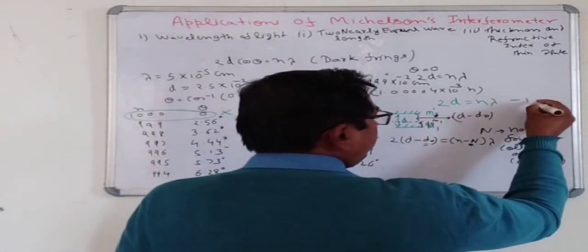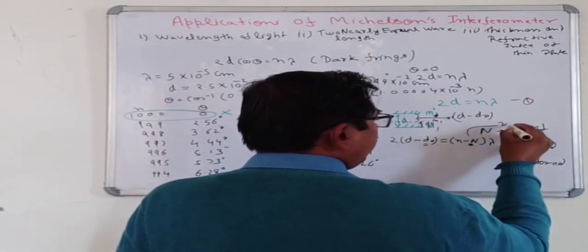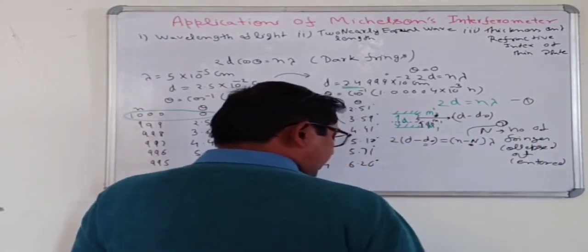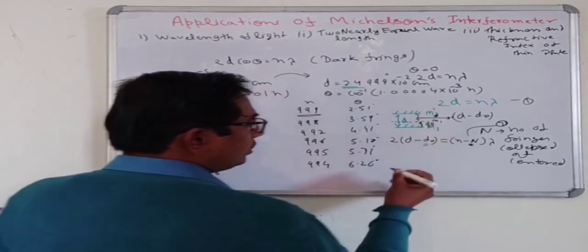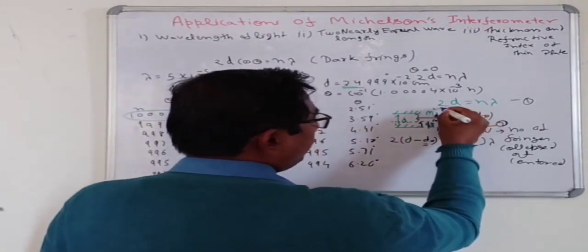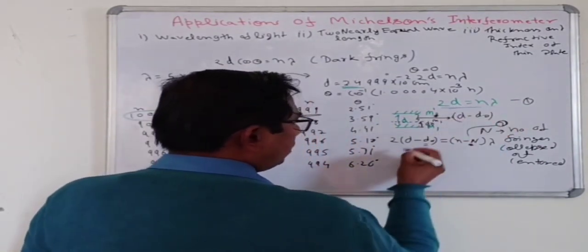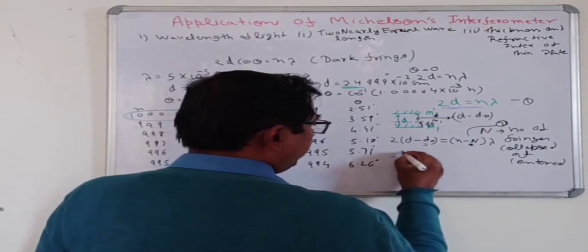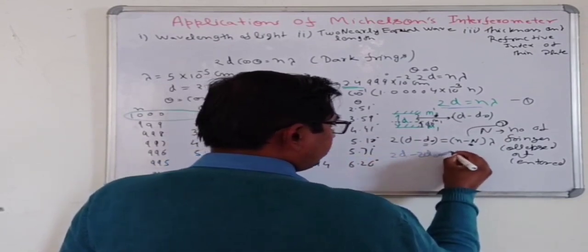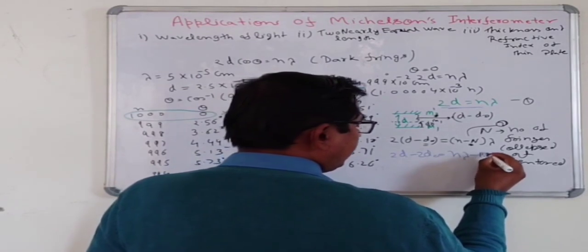Now from equation 1 and equation number 2, you will see that 2d minus 2(d minus d naught) is equal to n lambda minus capital N lambda.